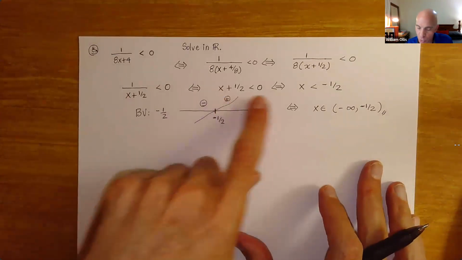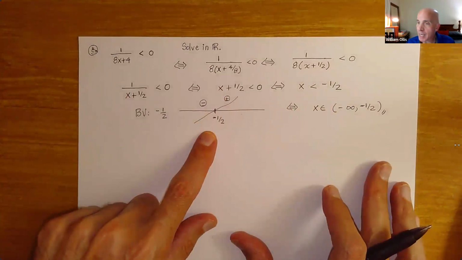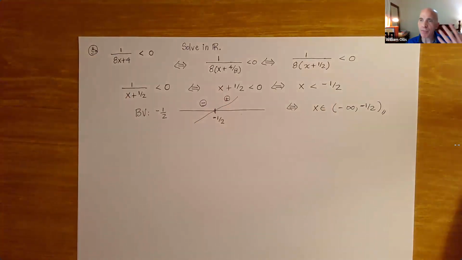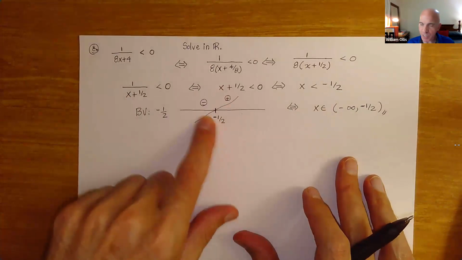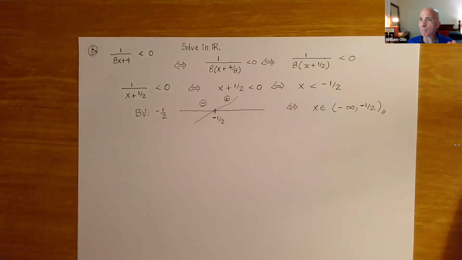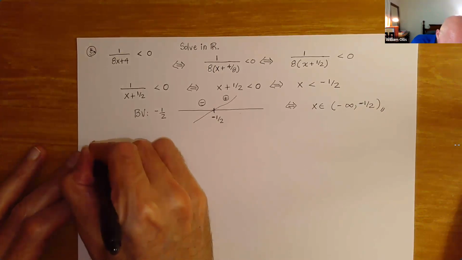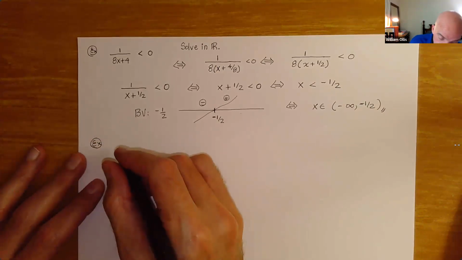You could just transpose and get your answer this way, or you can think of the BV. Either way, I want you to start thinking about the boundary values and how we can do a simple sign test with a number line and make the process very efficient. Okay, so now let's look at another one that has the same topic, but it's compound.